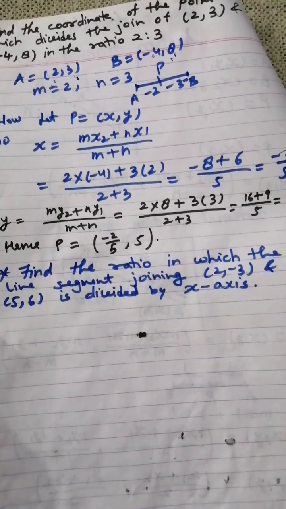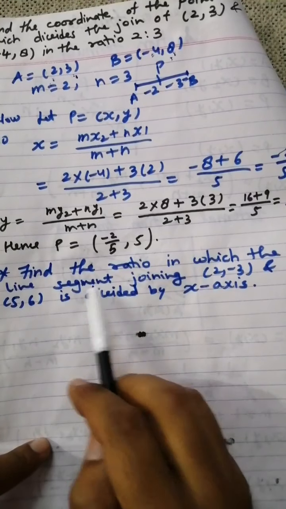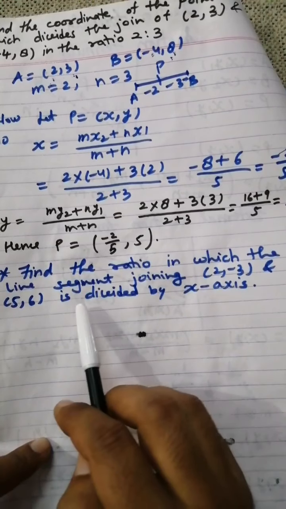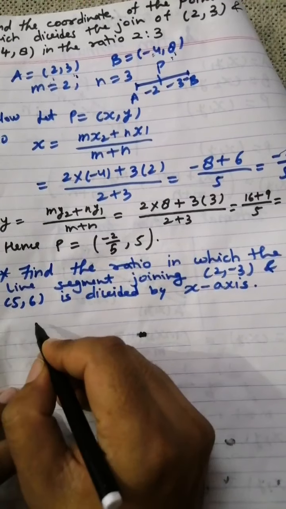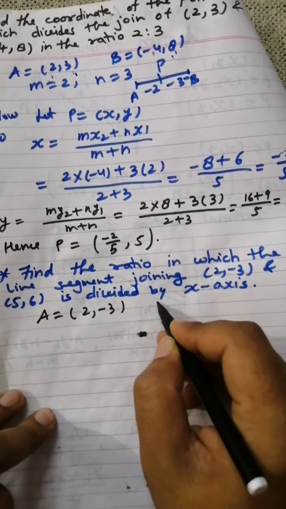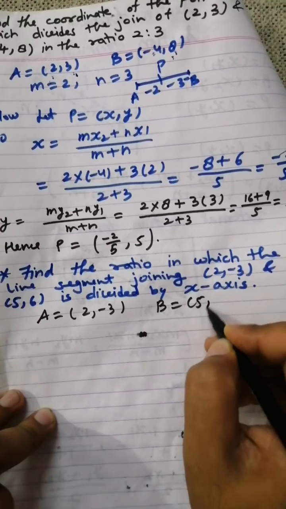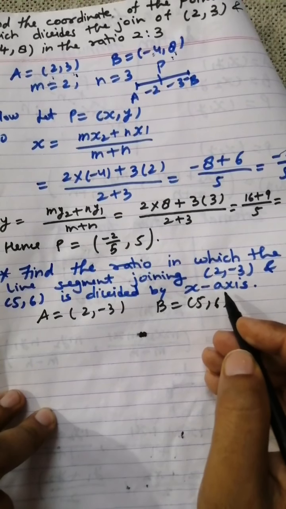Now dear students, second category. In the second category the point will be given and you have to find the ratio. Like it is given, find the ratio in which the line segment joining the point A equals 2, -3 and B equals 5, 6 is divided by the x-axis. It is divided by the x-axis.